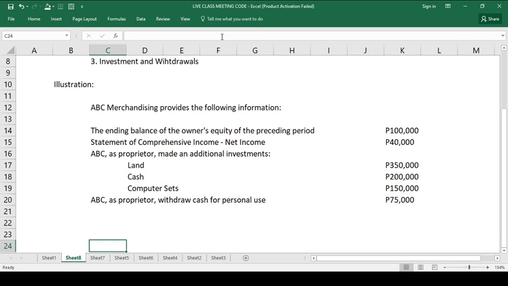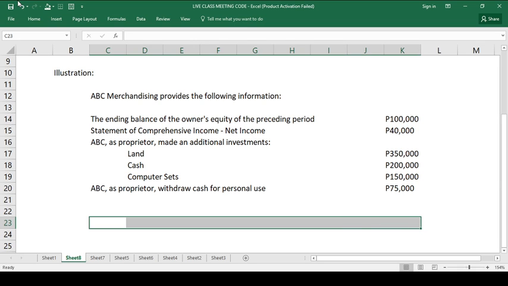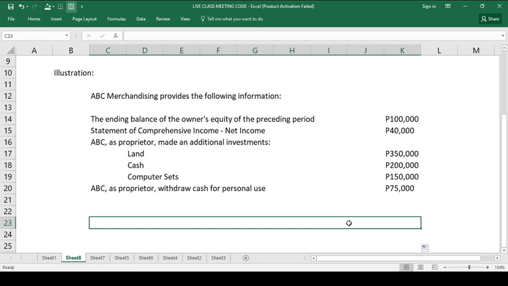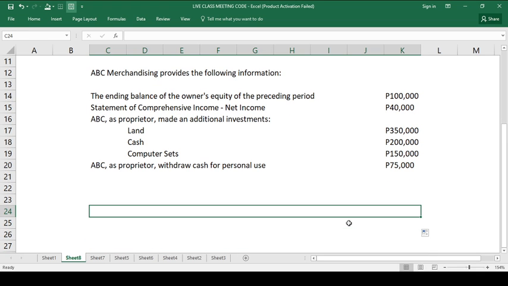So, the format or the presentation shall begin with its heading. There must always be a heading, because this is a formal report related to the financial transactions affecting the company, particularly the equity portion of the balance sheet.